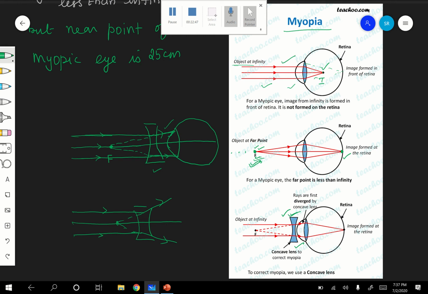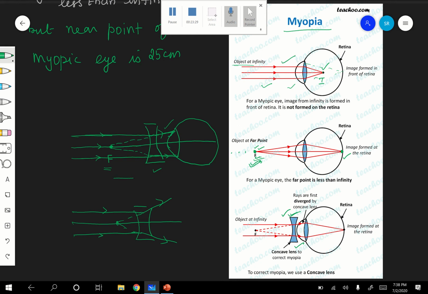Here it is a concave lens. Parallel rays are coming, slightly diverged, so that when you extend them in the opposite direction, they meet at the focus. That focus of the concave lens will be exactly equal to the far point of the myopic eye. That is very important. Therefore, the focal length of the corrective concave lens should be exactly equal to the far point of the myopic eye.